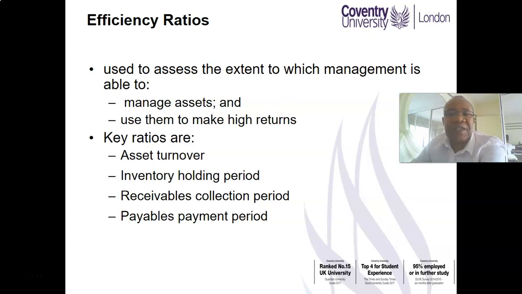So the assets at the disposal of the entity, how well is the entity able to manage them in order to make high returns? This ratio will focus on that aspect of our analysis. The key ratios that we will consider are asset turnover, which I've mentioned earlier, inventory holding period, receivables collection period, and payables payment period.